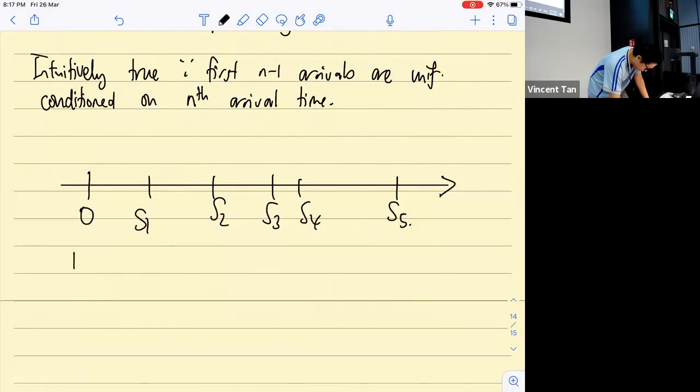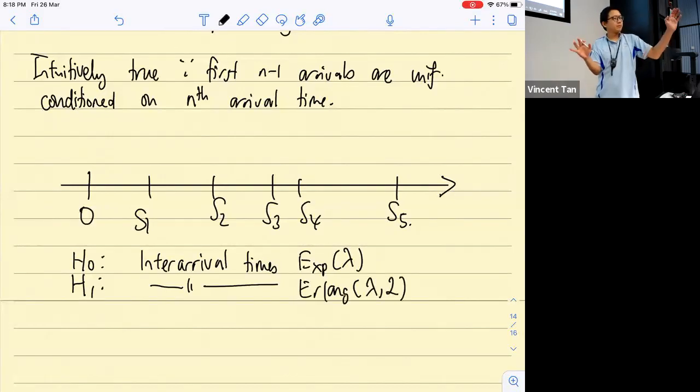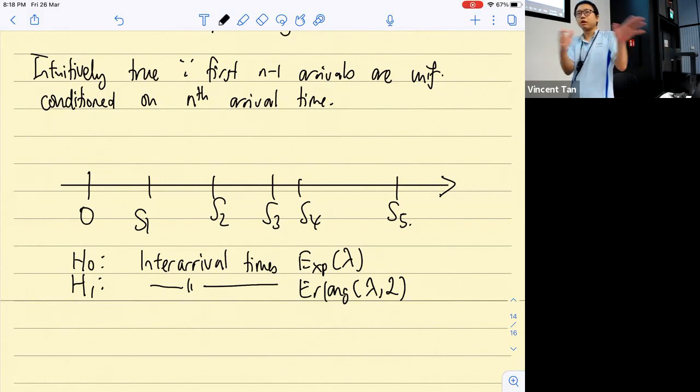Under hypothesis 0, the inter-arrival times follow an exponential lambda, and under hypothesis 1, the inter-arrival times follow an Erlang, slightly different, of lambda of order 2. So what is the story here for this hypothesis test? Usually customers walk into my shop according to a Poisson process.